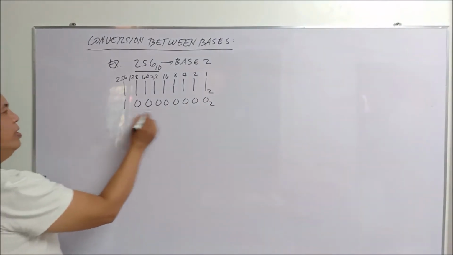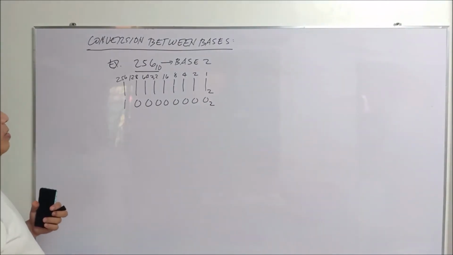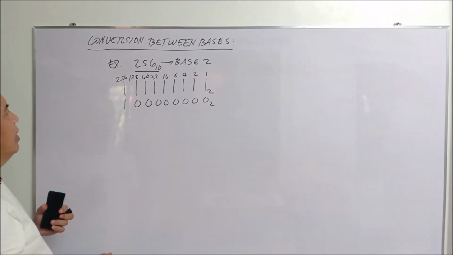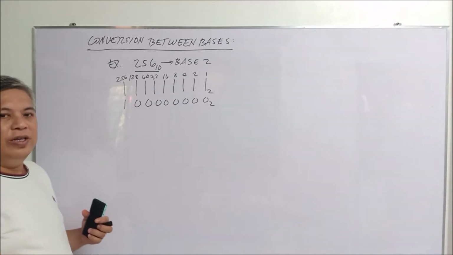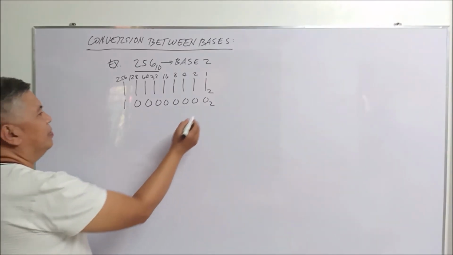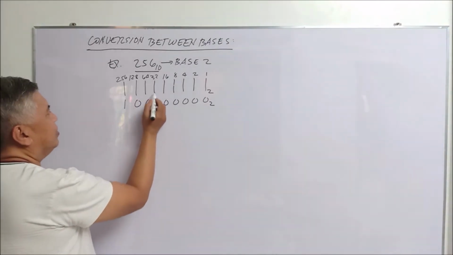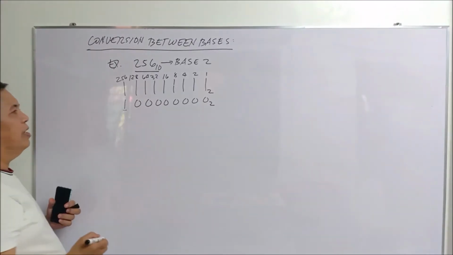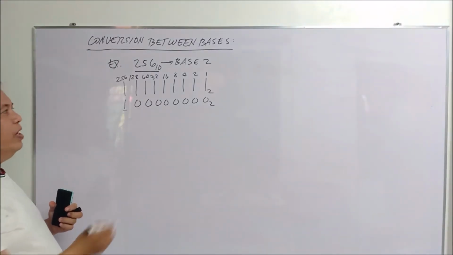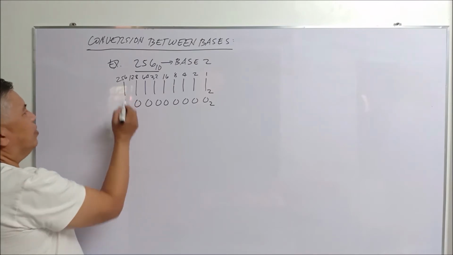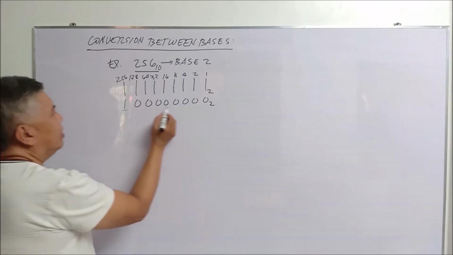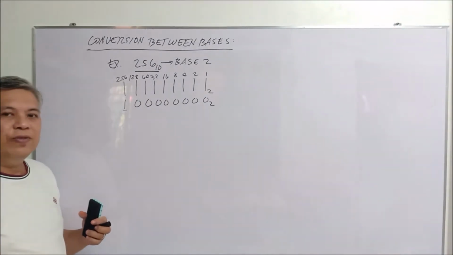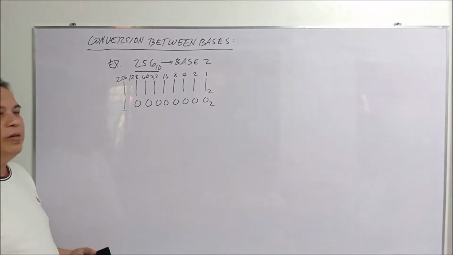So this will now be your binary equivalent using this short method. So you have 0, 0, 0, 0, 0, 0, 0, 0, and this one here will be 1. Okay? Once you add, the total is 256. So that's very simple.